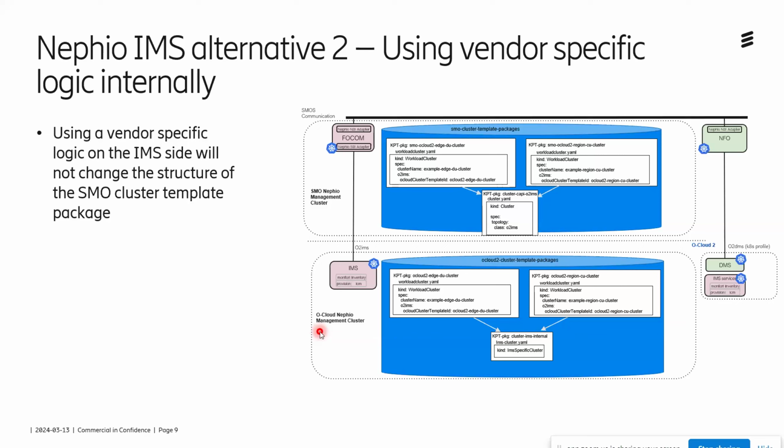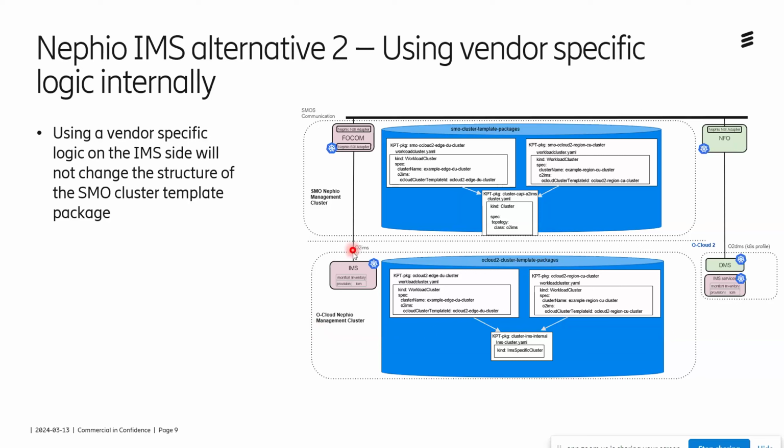At what point is that specialization done? Is it done when IMS receives this particular CR from the SMO or from the FOCOM?